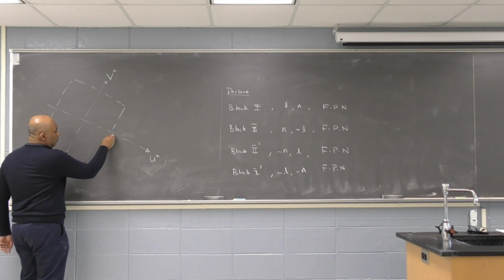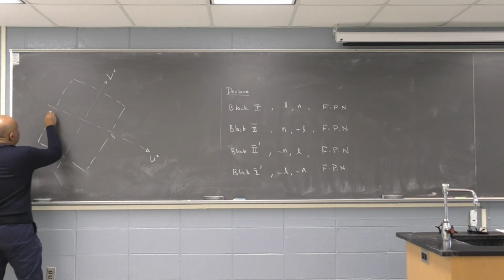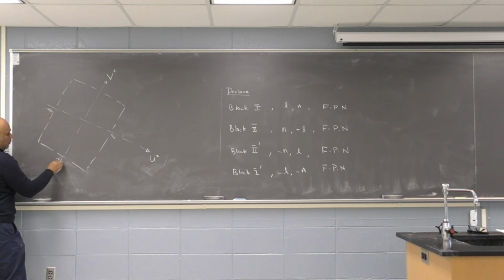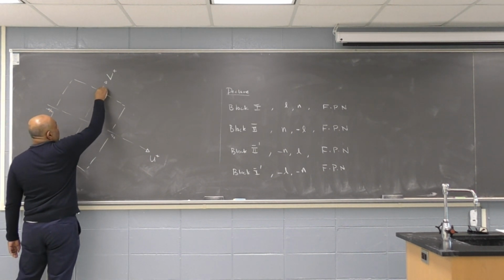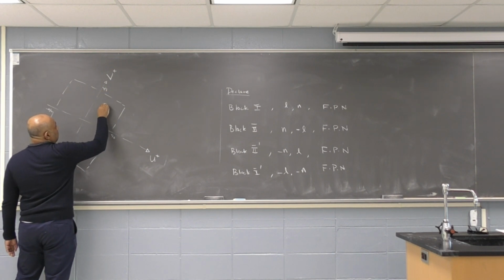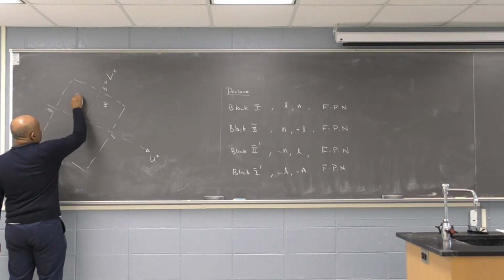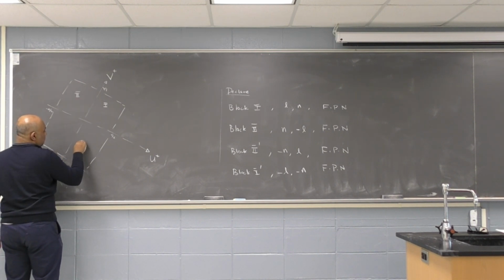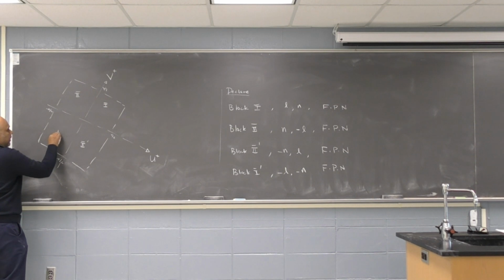So this is pi over 2, minus pi over 2, minus pi over 2, pi over 2. This is my block 1 bar, 2 bar, 2 bar prime, 1 bar prime.